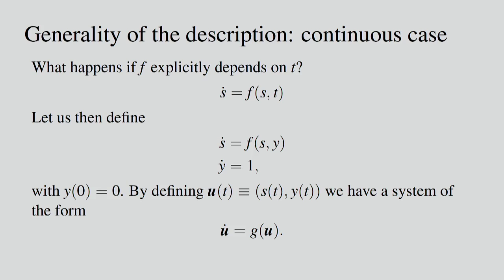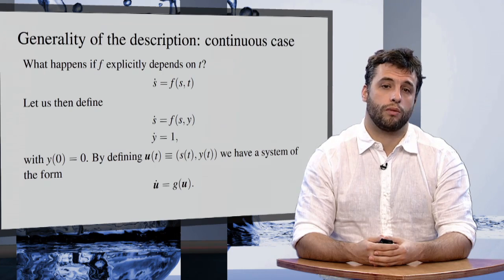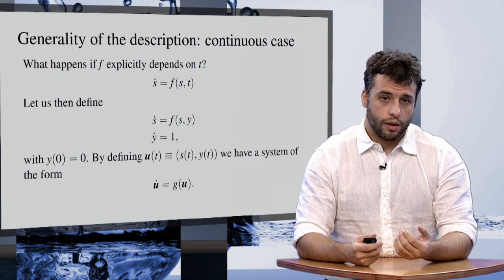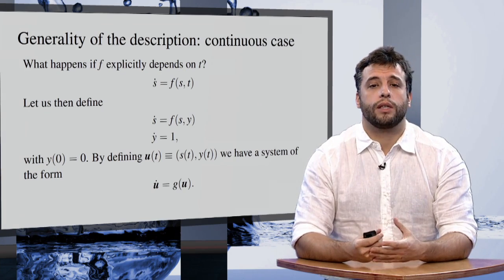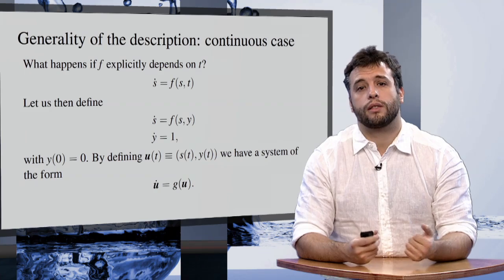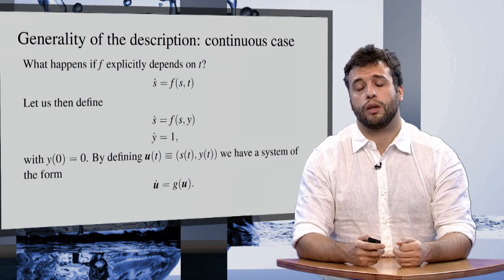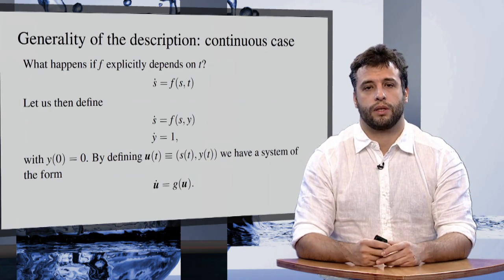We just add a variable to describe the state of our system, here again y, and we can build a new vector u, which is equal to a vector made of s and y, and we can reconstruct a dynamical system which is u dot equal g of u. The only thing we did basically is, instead of having a scalar s, now we have a vector u describing the state of our system.